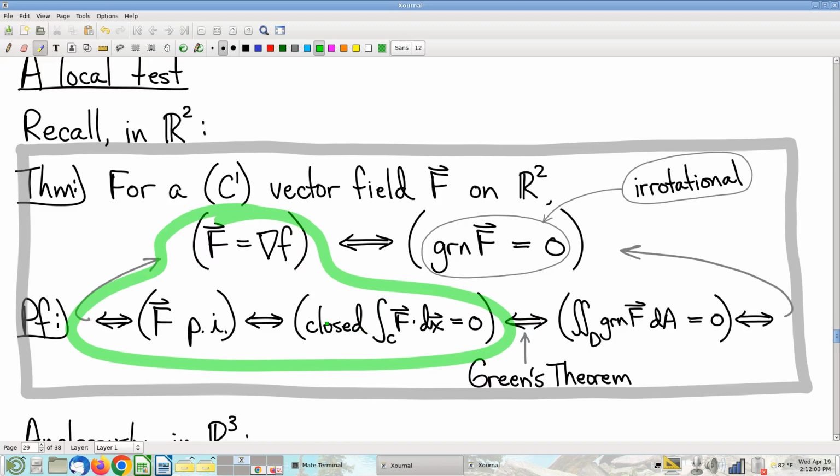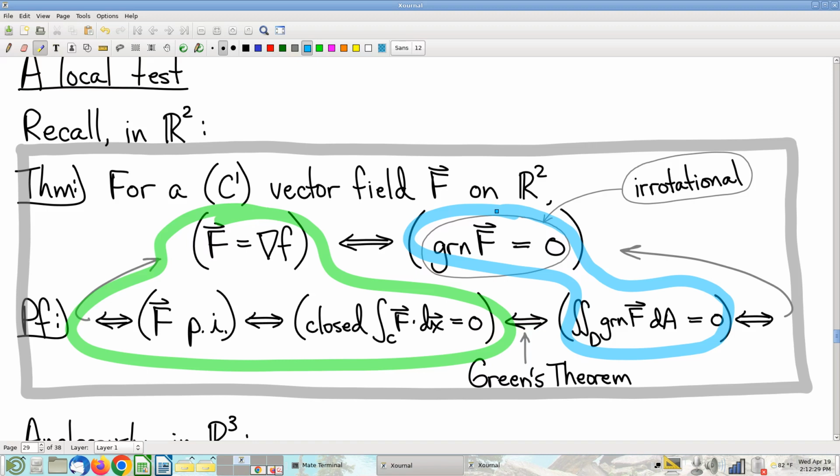And then I made the observation that these two statements here are easily related to each other. If you have some function whose double integrals are all 0 for every domain, no matter which domain you look at, double integrals always 0, the only way is if that integrand is itself 0.